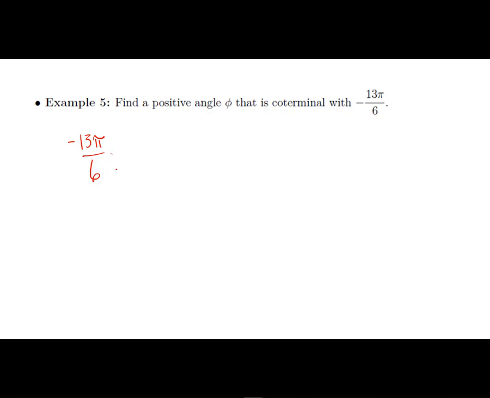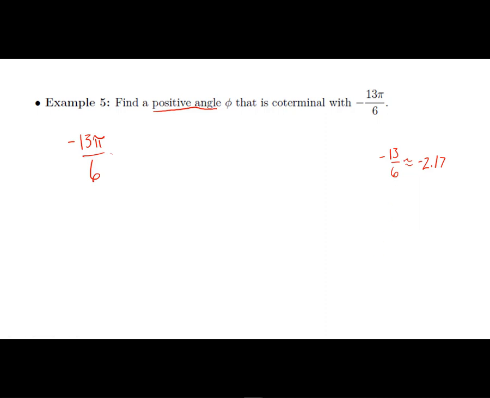Now, instead of just jumping straight into adding 2 pi to this, a strategy that you might want to employ, if you're not sure, is to go ahead and divide by the coefficient in front of the pi here, negative 13 divided by 6. And the reason for that is it'll give you a heads up as to whether adding 2 pi will do the job that we're wanting it to do, which is to give us a positive angle that is coterminal with this.